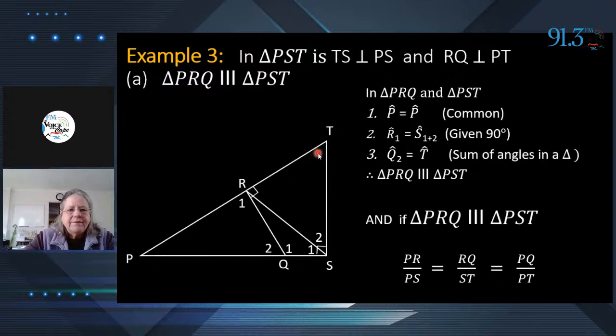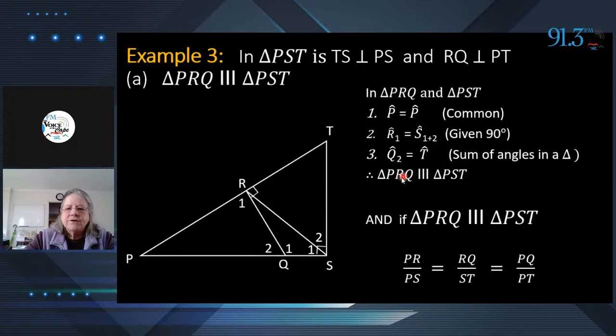Now, you may see clearly that it's not going to be that easy to prove it. But the third one's reason is always the sum of the angles in a triangle. Because for similarity, we need to find only two angles that are equal. And then by definition, the third angle will be equal as well.